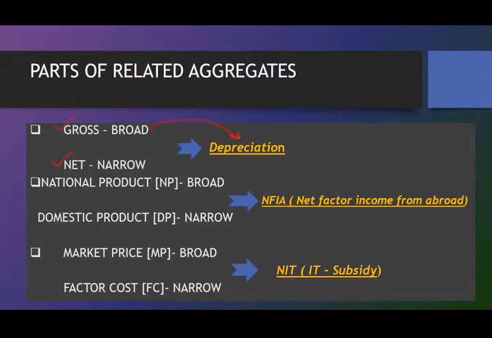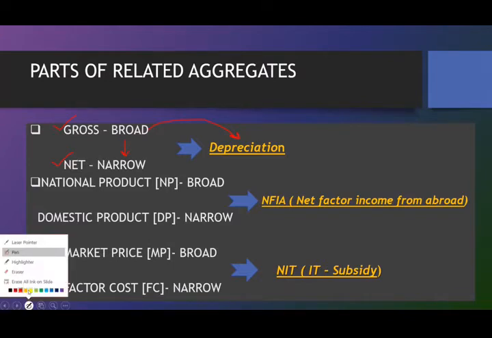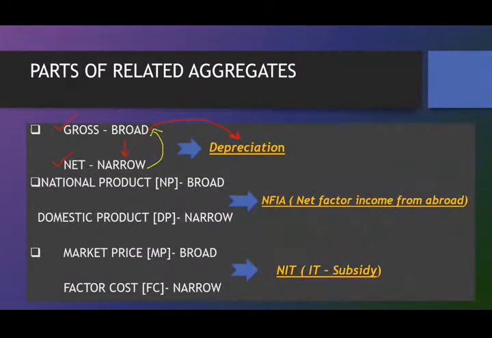In one of the topics we have discussed the same, that gross includes depreciation, because whenever goods are purchased, they are purchased at the gross price, and when we deduct the depreciation, that leads to the net concept. So whenever we want to move from narrow to broad, from net to gross, we need to add the difference. And what is that difference? We will add depreciation to it.